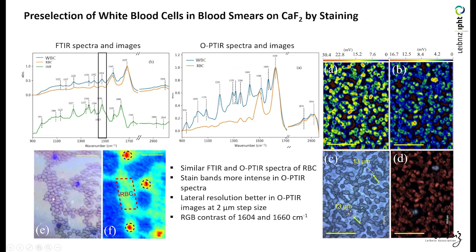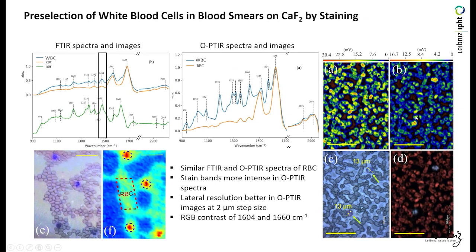With FTIR, the lateral resolution is in the range of 10 micrometer, and red blood cells cannot be resolved. You get a contrast at this 1604 wave number band, which is typical for stain.